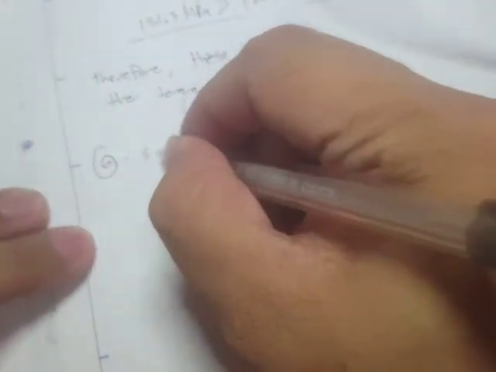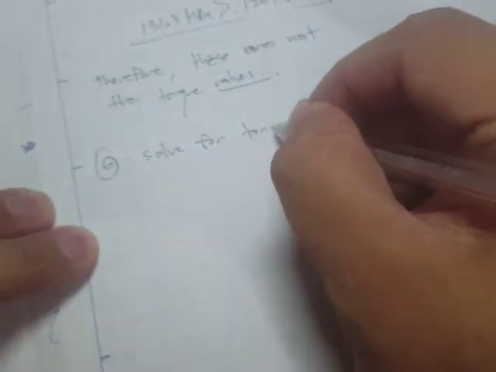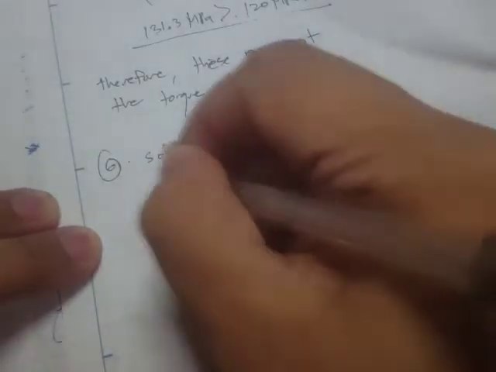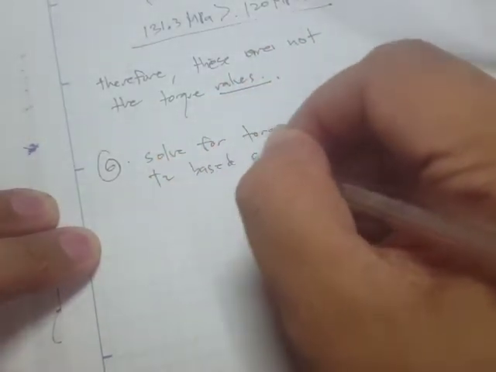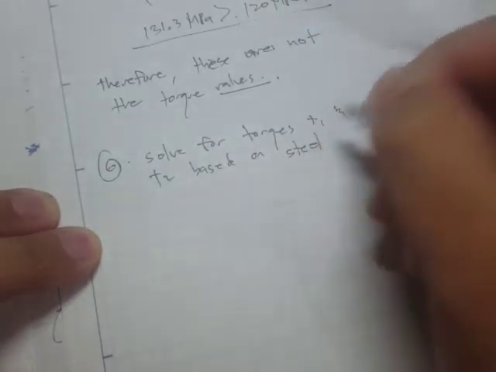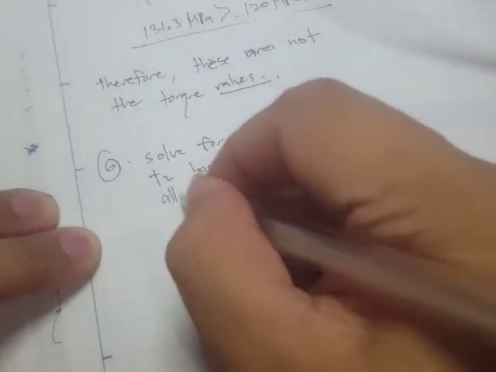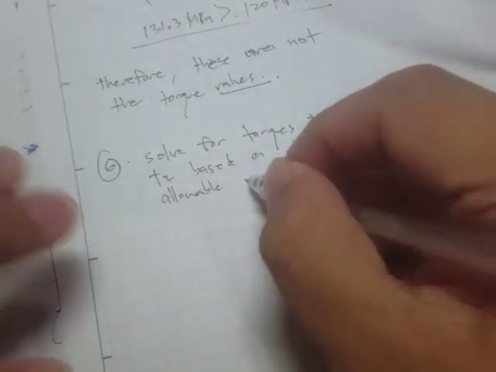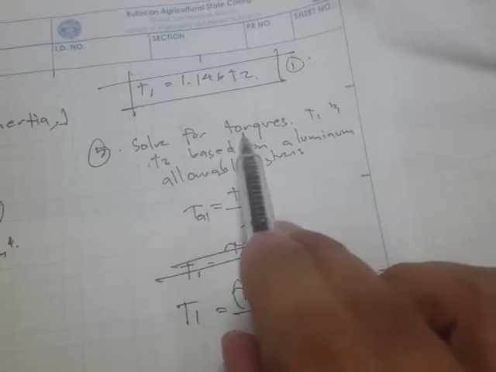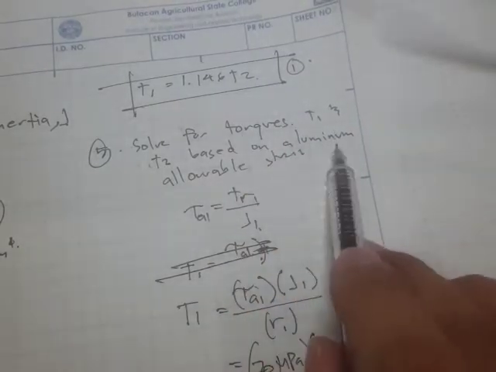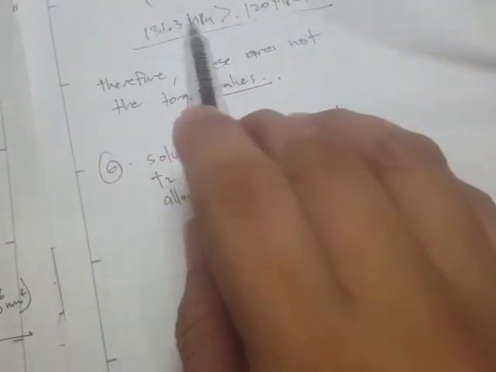Let's solve for torques T1 and T2 based on steel allowable stress, because earlier the torque values were based on the aluminum allowable stress, and we found that the actual shear stress for steel exceeded the allowable stress.